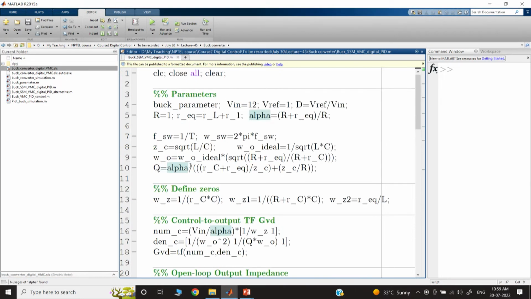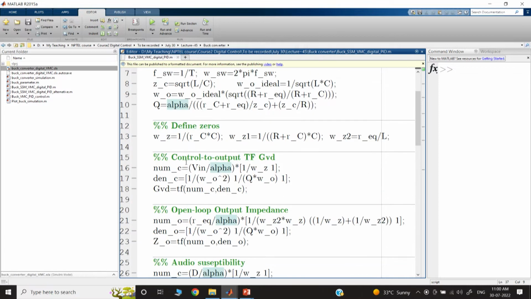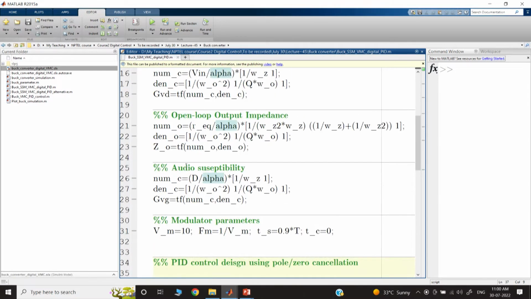We will follow the traditional continuous time PID controller design, which we discussed in our earlier NPTEL course on control and tuning methods, in lectures 34 and 35. Lecture 34 is dedicated to the PID controller design by means of stable pole zero cancellation.